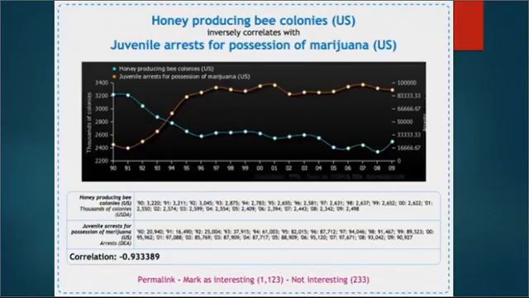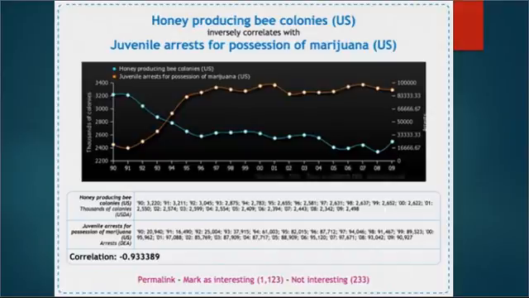In this, we see an inverse correlation. As honey is produced within bee colonies, as that is going down, we see that the juvenile arrests for possession of marijuana goes up.